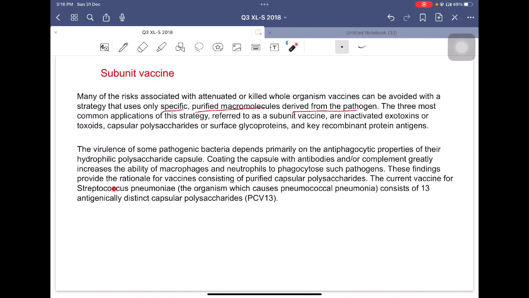These findings have led to the development of a vaccine which consists of purified capsular polysaccharides, right? Capsular polysaccharides are purified, which are actually part of the capsule of the pathogenic bacteria, and these are used as vaccines.